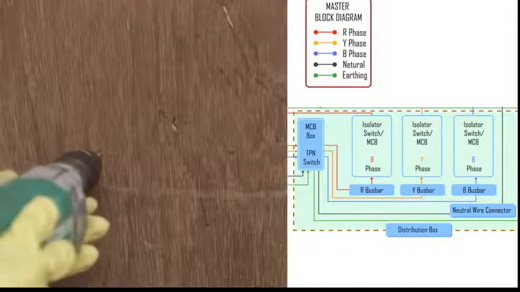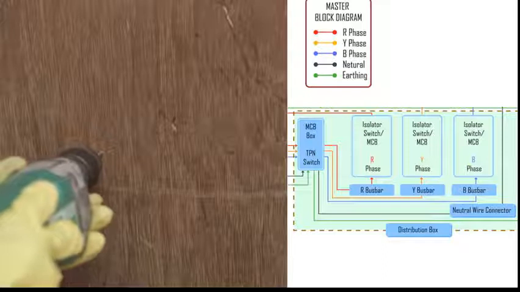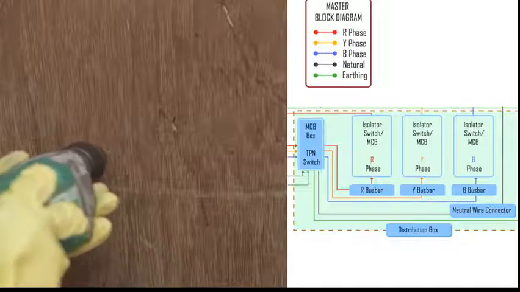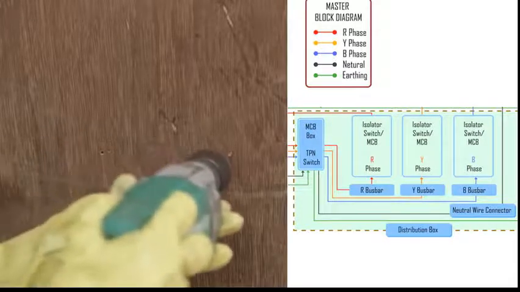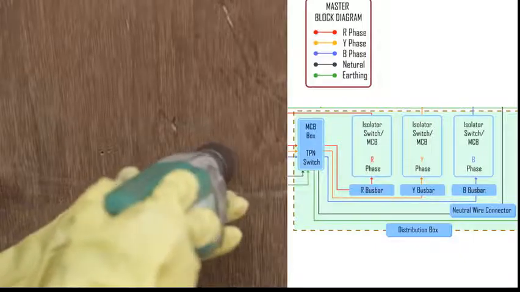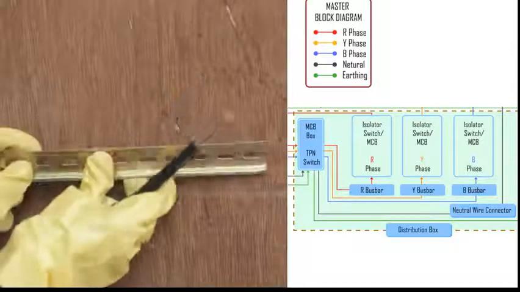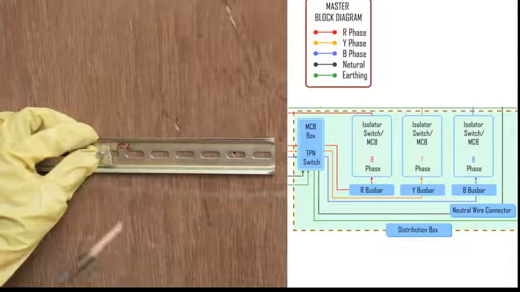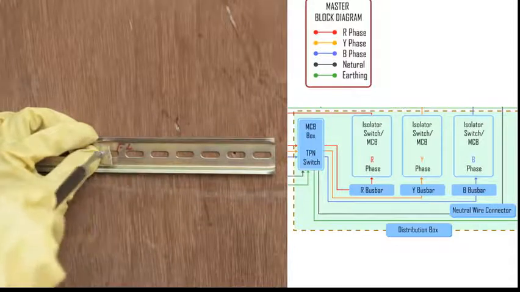Using drill machine, drill holes on the marked locations. Then fix the panel on the wooden board by using screwdriver.